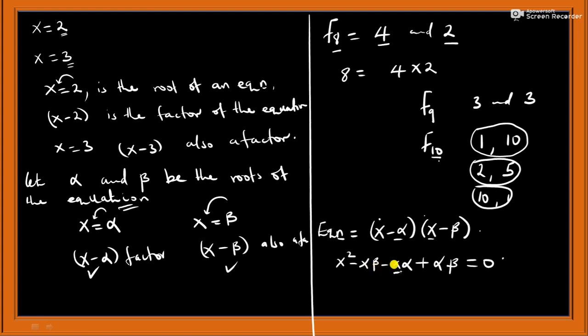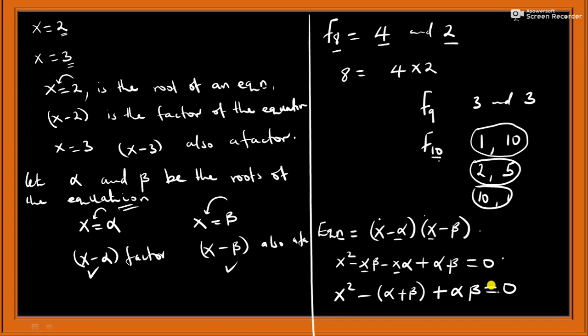If I pull out x as common, I get x squared minus (alpha plus beta) x plus alpha beta equals 0.